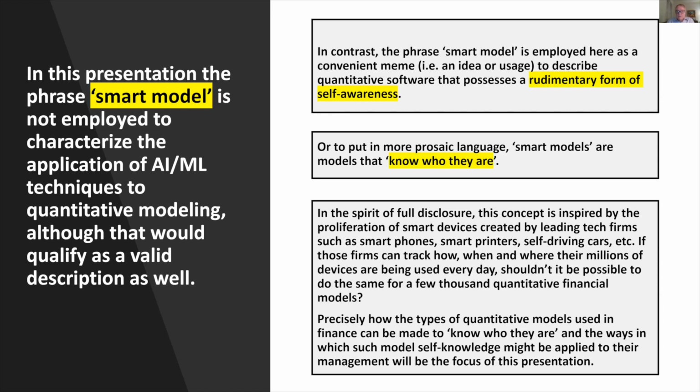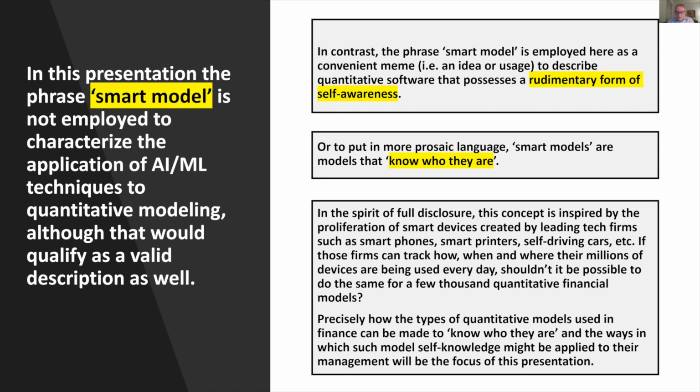In contrast, I use the phrase smart model as a meme to describe quantitative software that possesses a rudimentary form of self-awareness. And that's the critical difference. To put it in more prosaic language, by smart models, I mean models that know who they are.